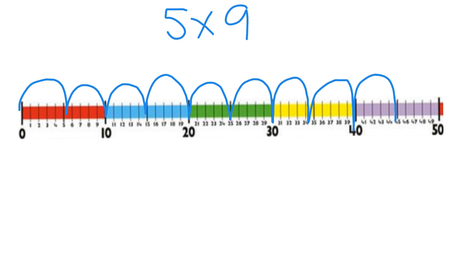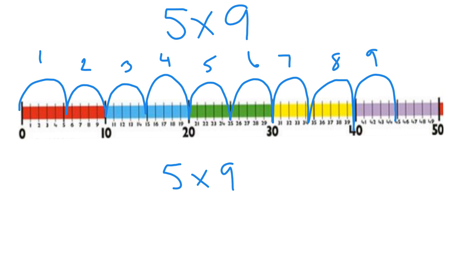And right there, I've jumped 1, 2, 3, 4, 5, 6, 7, 8, 9 times. And I ended up at 45, which means that 5 times 9 equals 45.